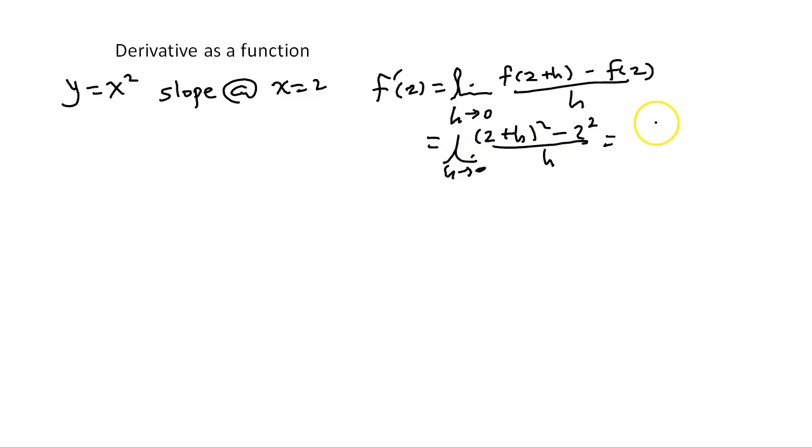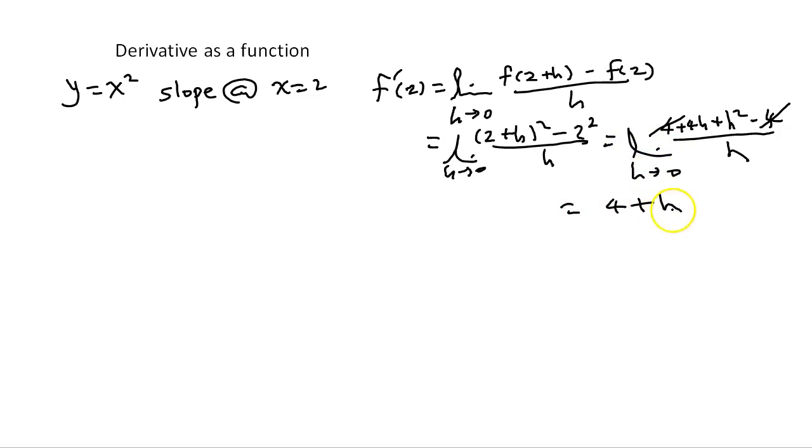That gives you 4 plus 4h plus h squared minus 4, over h. The 4 cancels, and 4h plus h squared divided by h gives you 4 plus h, and taking the limit as h goes to 0, you get 4. I'm doing this quickly because we've already seen this calculation.